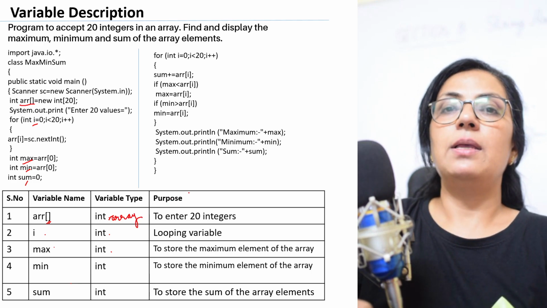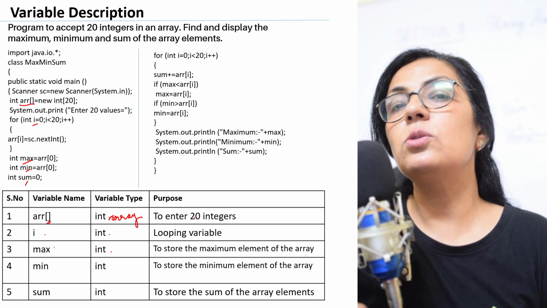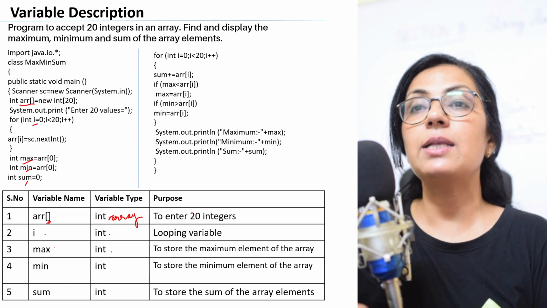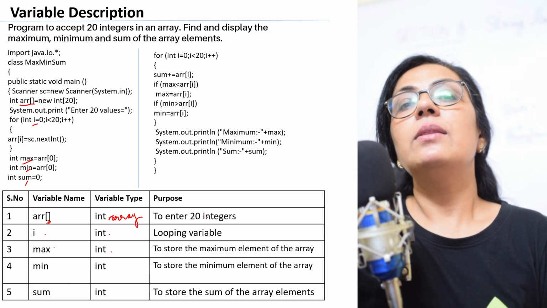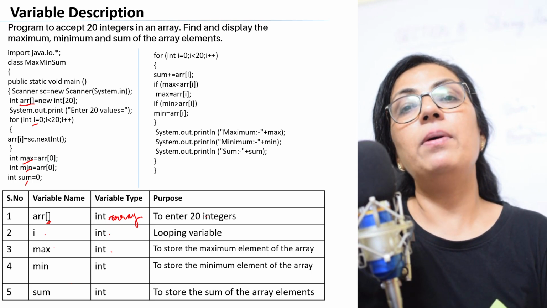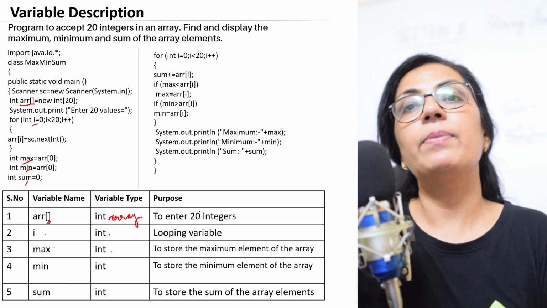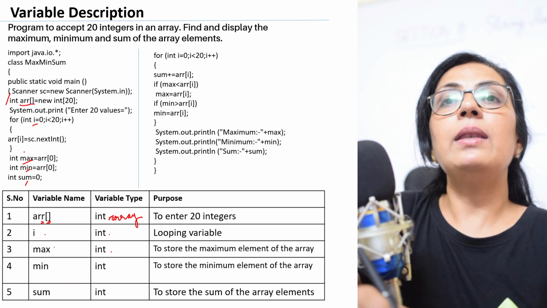Now the purpose. Children, the purpose has to be written in plain English. There is no rule that you have to use a particular syntax for writing the purpose. You just have to mention the usage or the purpose why you have used that variable in your program. Like if you see here arr, this is one integer array.